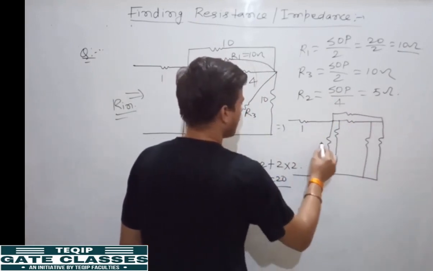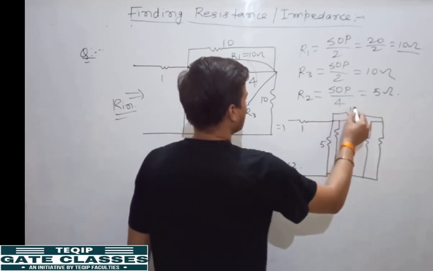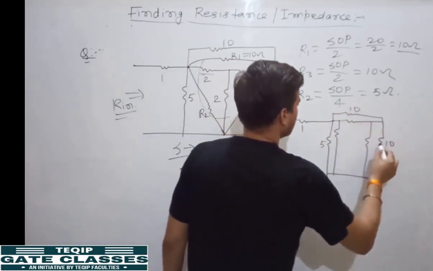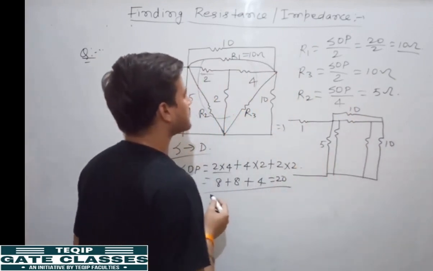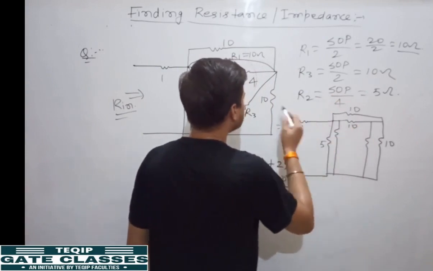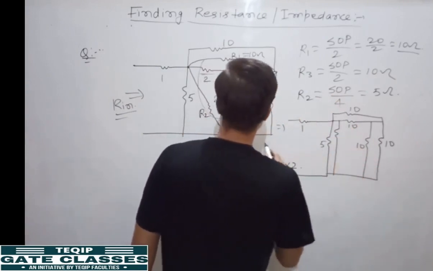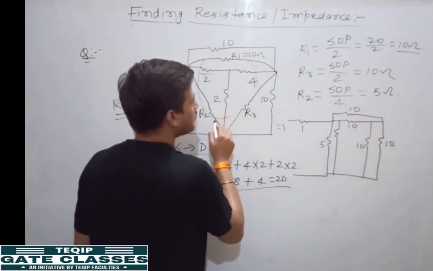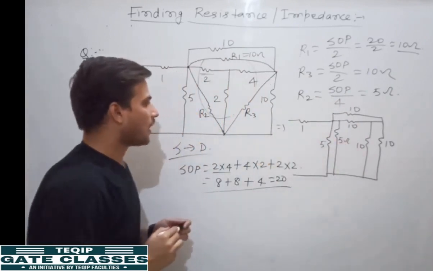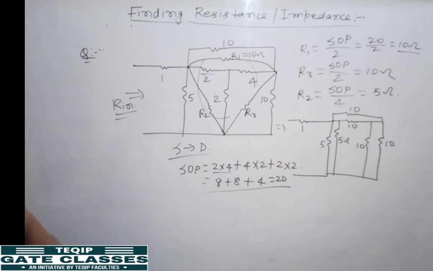This is 5 ohm. This is 10. This is also 10. Now you see other resistances. R1 is 10 ohm. R3 is 10 ohm. And this one R2 is your 5 ohm. So now you can see how the network has been reduced.